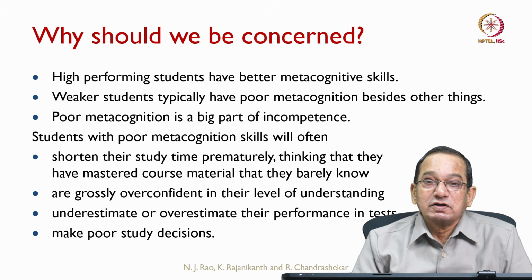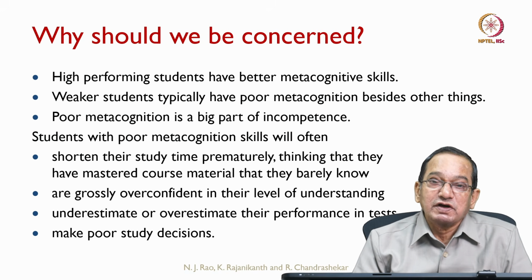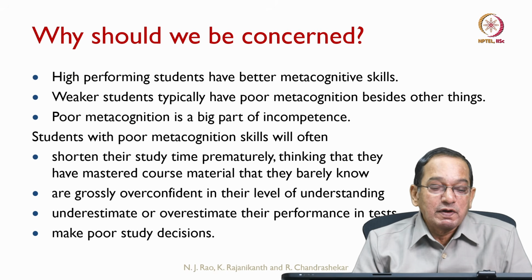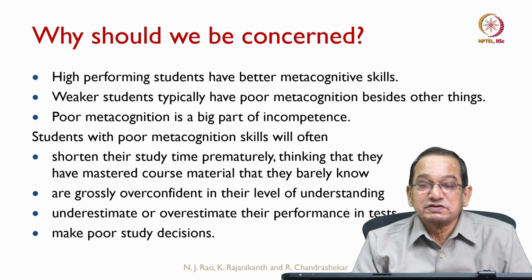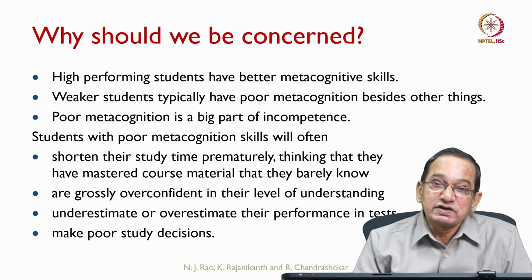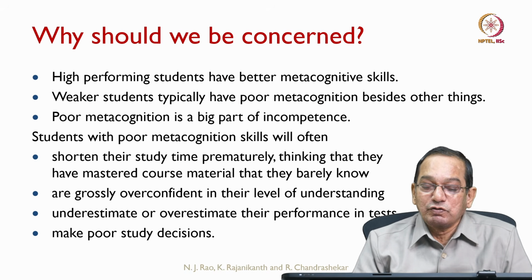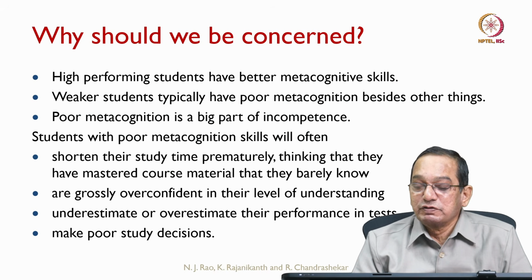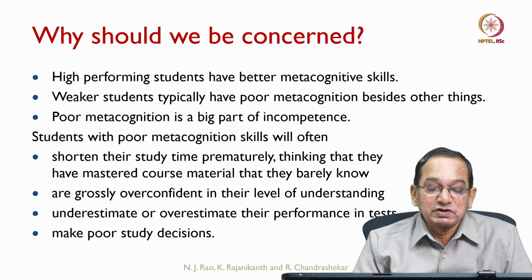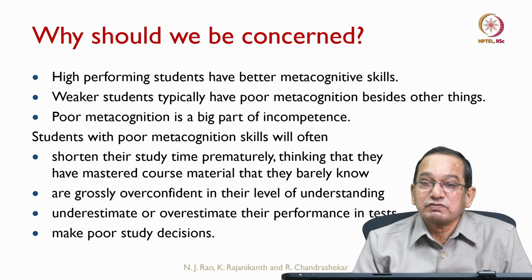As I mentioned, the importance of metacognitive abilities has been increasing over time in all the learning theories. High performing students generally tend to have better metacognitive skills, and weaker students typically have poor metacognition, besides many other weaknesses. Poor metacognition is a big part of incompetence.